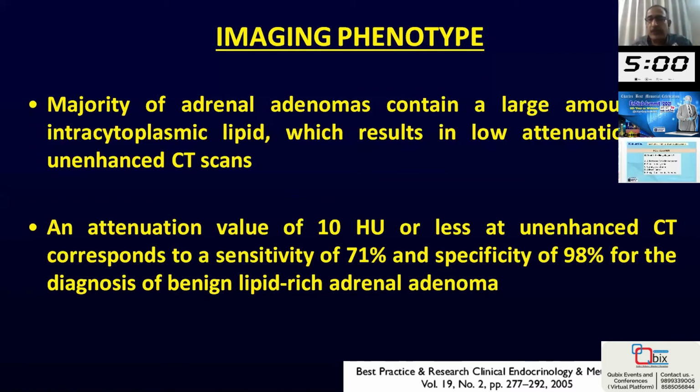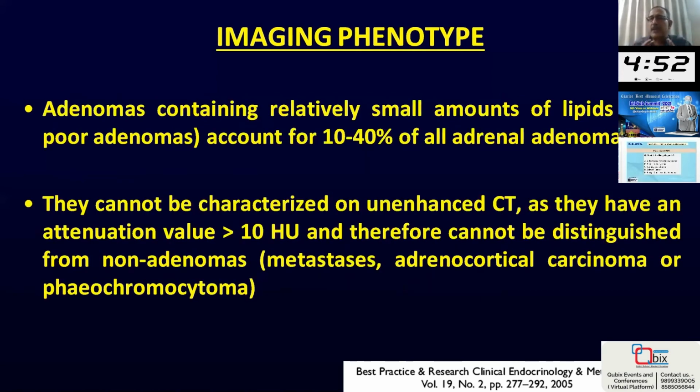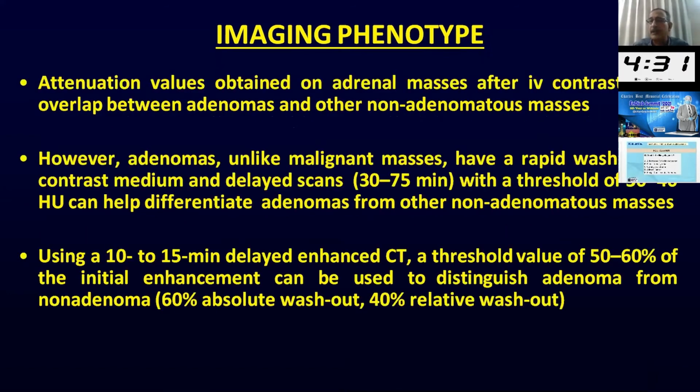The Hounsfield unit less than 10 signifies it's a lipid-rich adenoma, and adrenocortical carcinomas do not have lipid, so they do not have a baseline CT density of less than 10. Adenomas containing relatively small amounts of lipid are called lipid-poor benign adrenocortical adenomas. 10 to 40% of them are like that, and there the Hounsfield unit will be more than 10. So there, just by this one criterion, you cannot differentiate between a benign and a malignant adenoma.